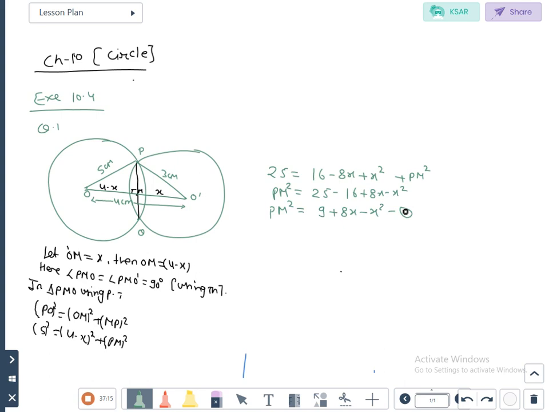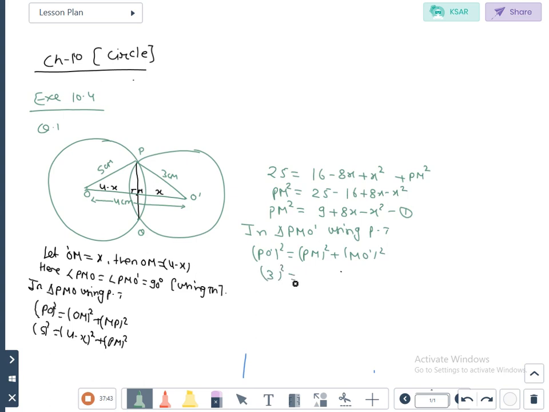That is the first equation. Friends, we obtain the second equation from triangle PMO dash. In triangle PMO dash, again the angle is 90 degrees. So using Pythagoras theorem, hypotenuse square is equal to base square plus perpendicular square.